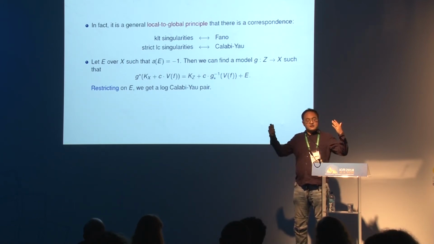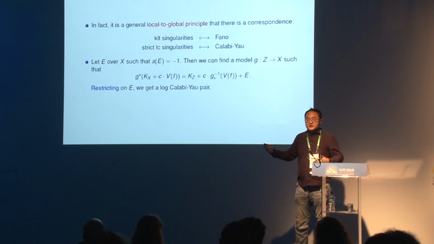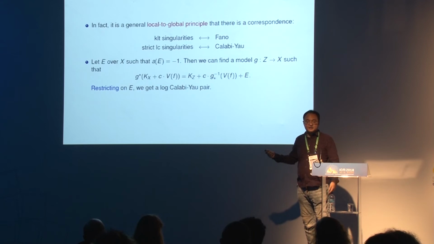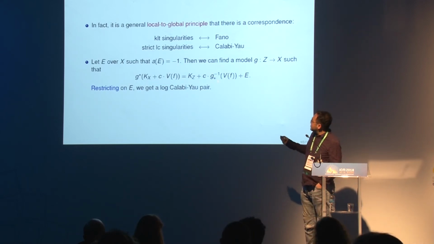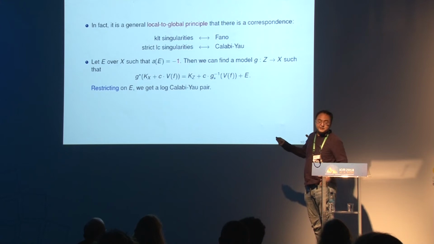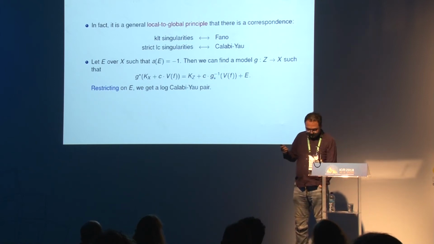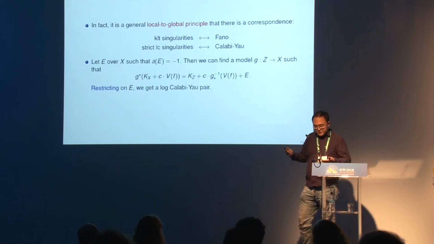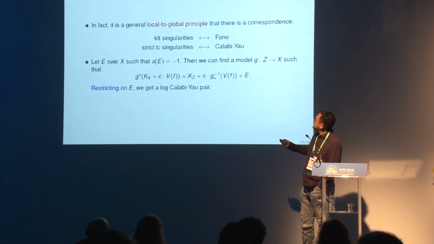So I cannot have an infinite increasing sequence, and this C has to stabilize. So if you translate that global ACC to this local setting, this sequence of C has to stabilize, which implies the log canonical threshold has to stabilize. This way we say that the global ACC implies the local ACC.